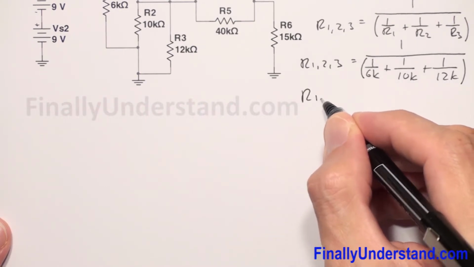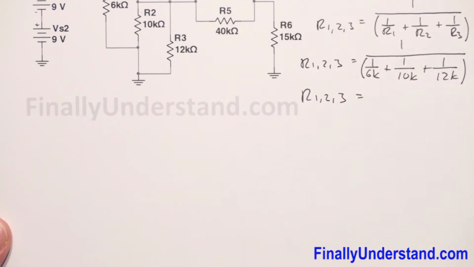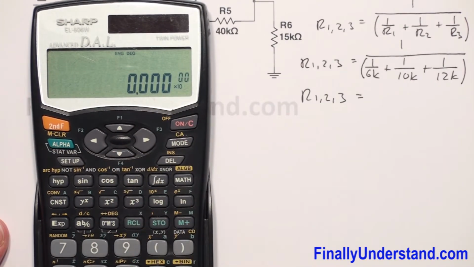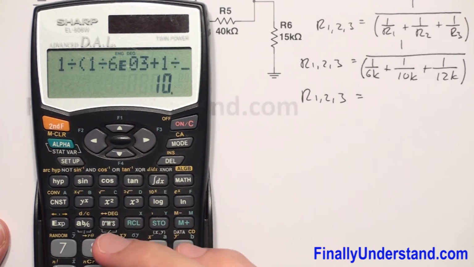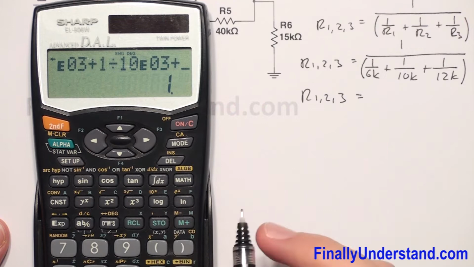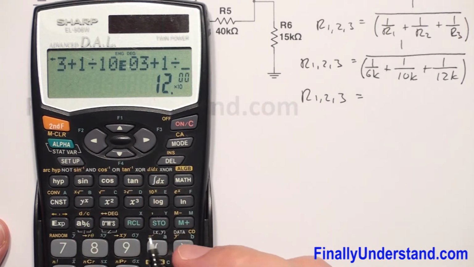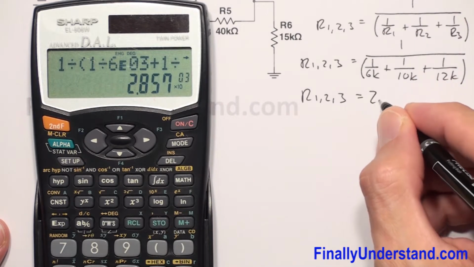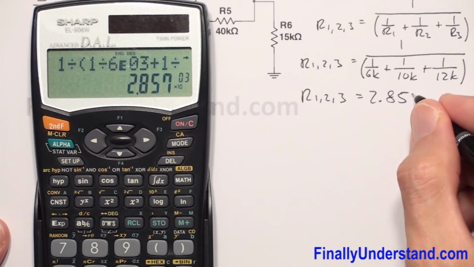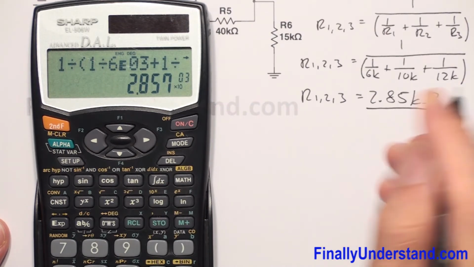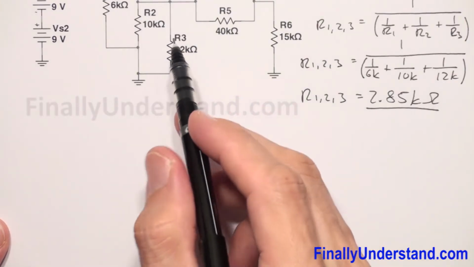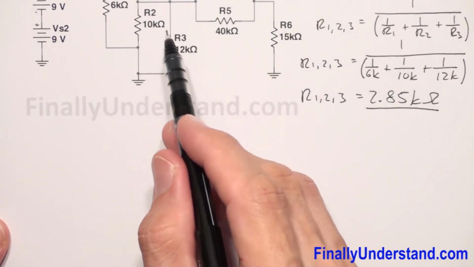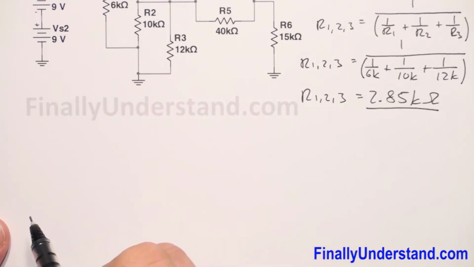So R1,2,3 is equal to 1 divided by, open parenthesis, 1 divided by 6 exponent 3 plus 1 divided by 10 exponent 3 plus 1 divided by 12 exponent 3, close parenthesis, this is equal to 2.85 kilo ohms. Okay, so this is the total resistance for these three resistors. I can say equivalent resistance for these three resistors together.